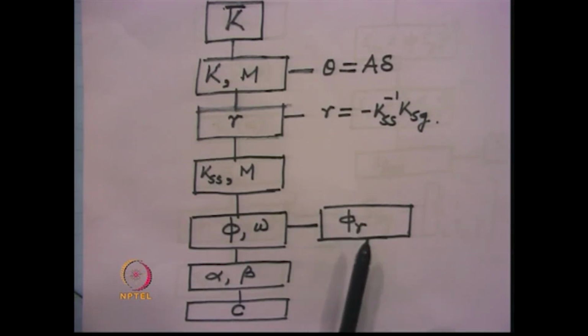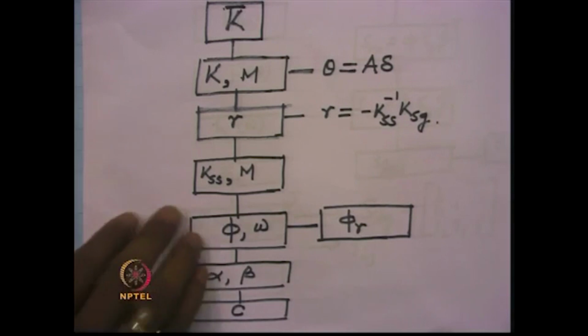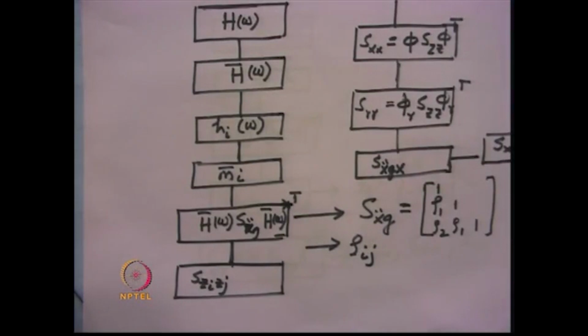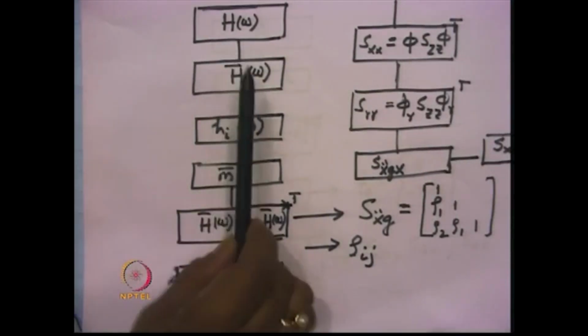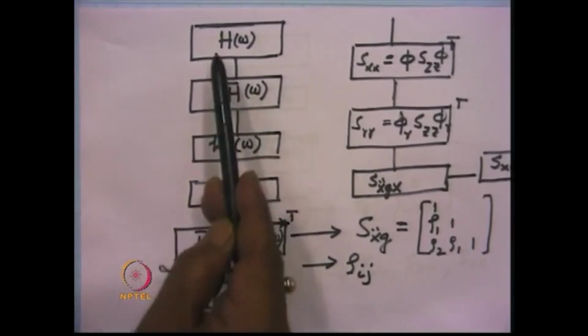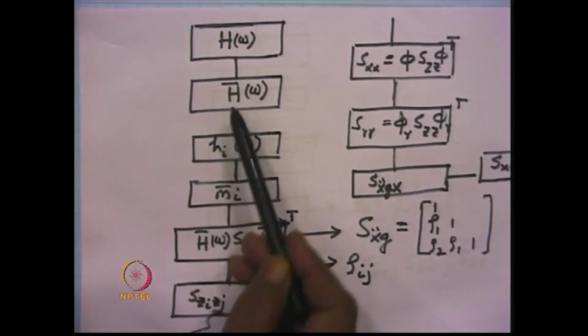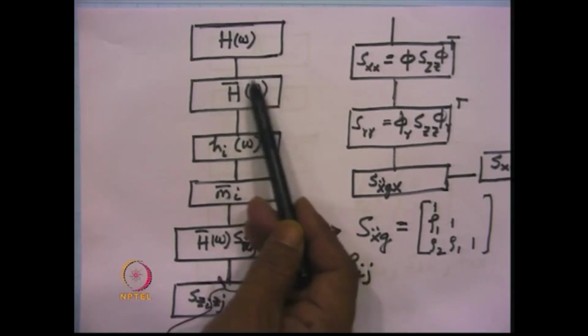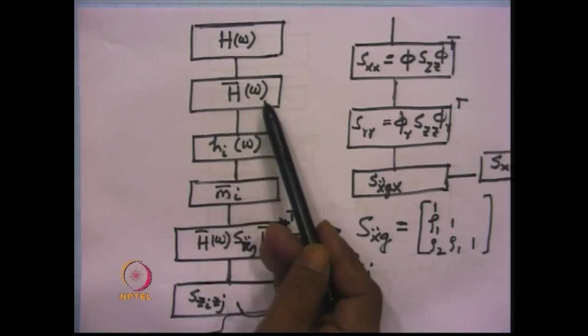So, depending upon the response quantities that we want, we can have a phi R matrix and that can be stored. From the frequencies one can obtain the alpha and beta coefficients and then construct the required C matrix. So, once we have that, then one can obtain the H(ω) matrix that is required using K, M and C. If we are not interested in all the responses, then the reduced frequency response function matrix H bar (ω) can be obtained.